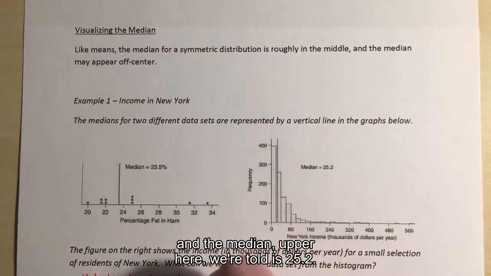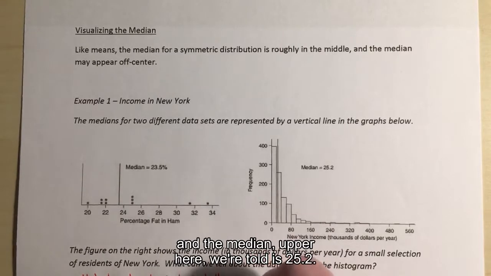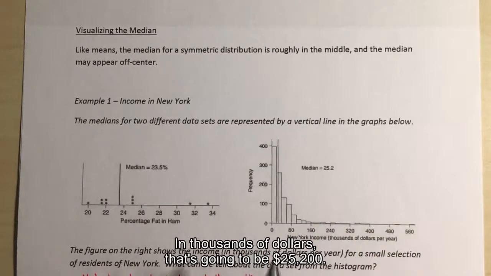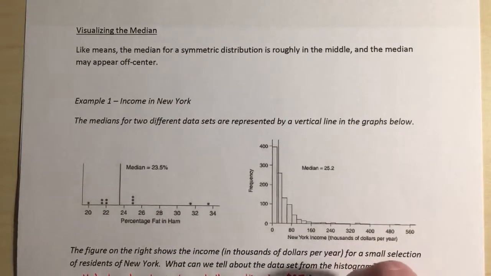And the median up here we're told is 25.2, so in thousands of dollars that's going to be $25,200.